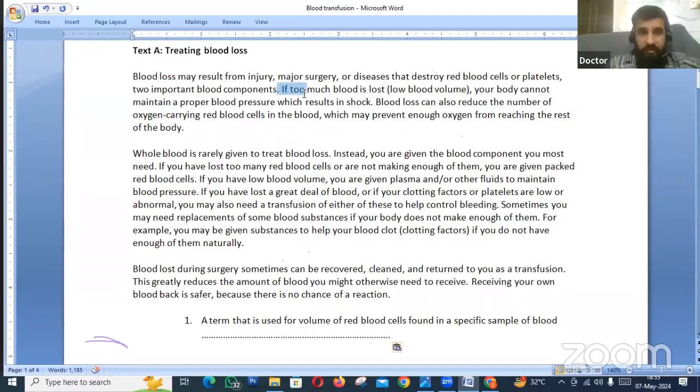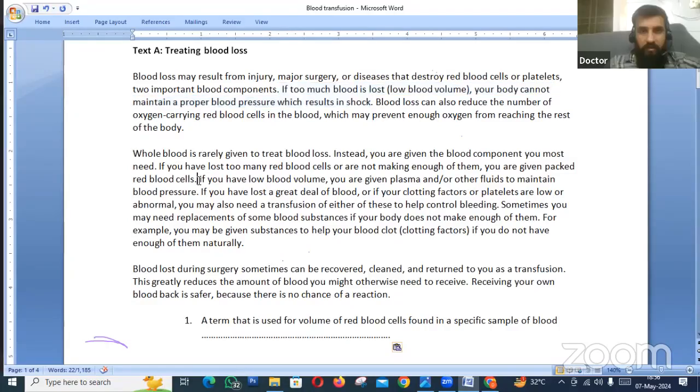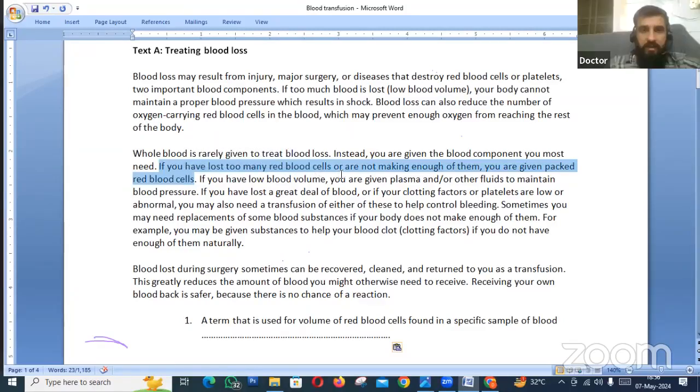This one? No, in the second paragraph, sir. If you lost too many blood cells or are not making enough of them, you are given packed red blood cells. A term that is used for volume of red blood cells found in a specific sample of blood.